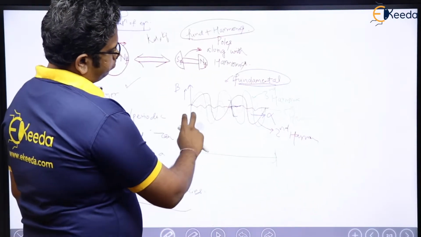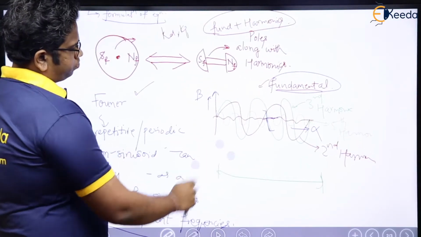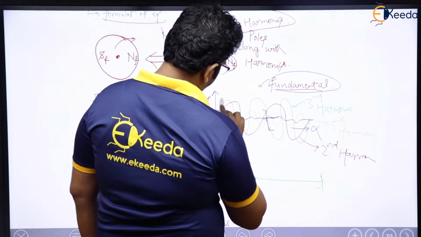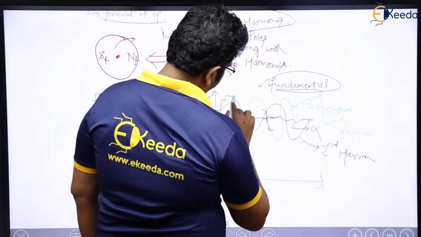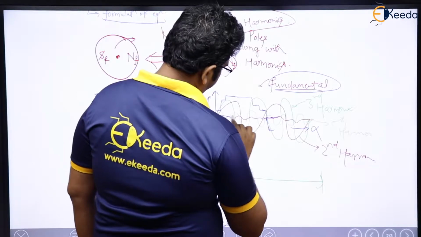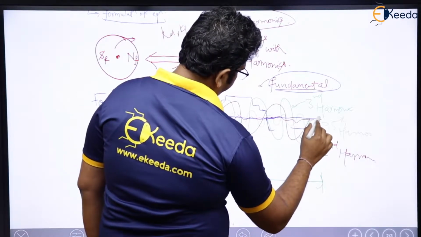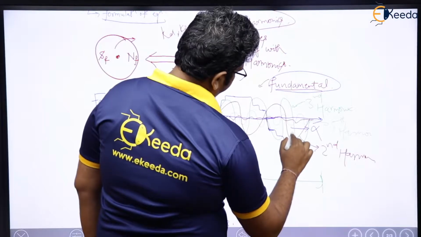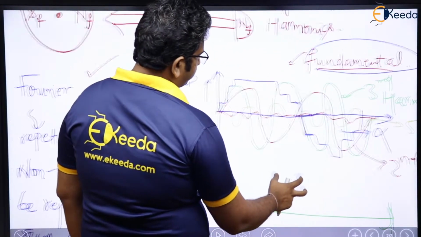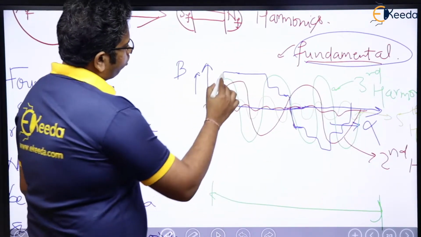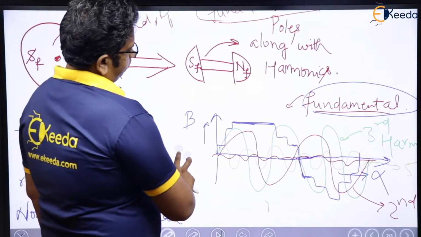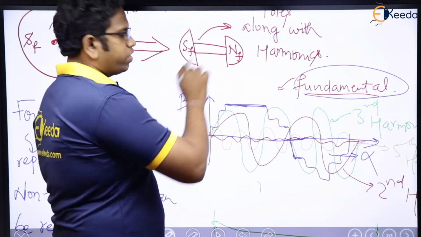Meaning that this red. See here, this particular blue, non-sinusoid, will be used for analysis in terms of SF and NF.